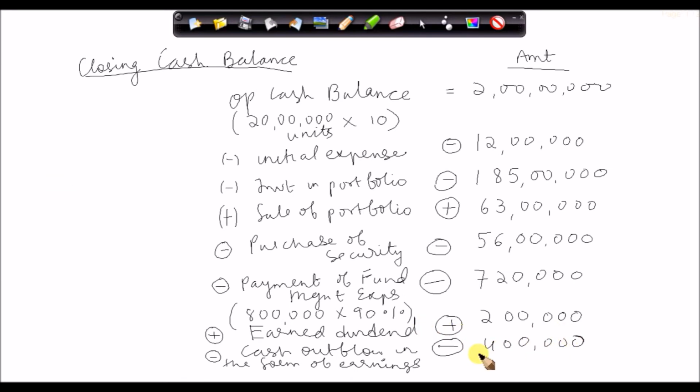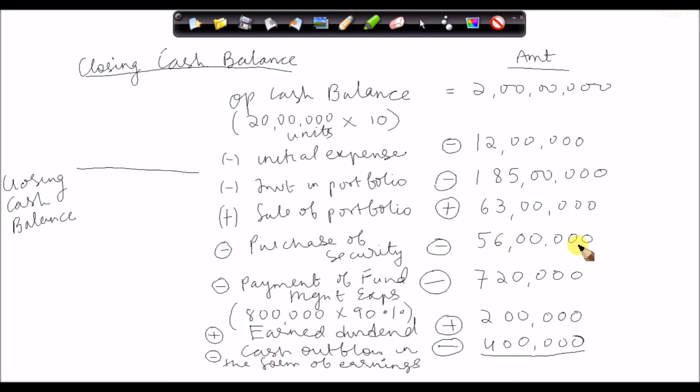So now this part I'm writing here is going to give me closing cash balance. So all these things I'm going to add and subtract, and then we are going to find the closing cash balance. So we have, first of all, 2 crores, then minus 12 lakhs, then 1 crore 85 lakhs, then we have to add 63 lakhs.